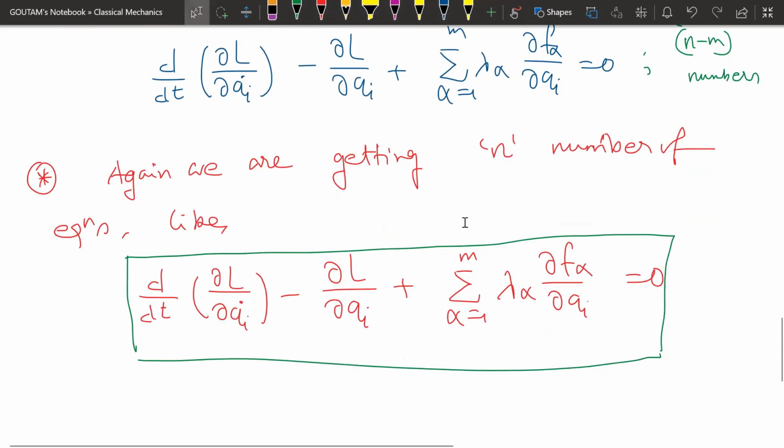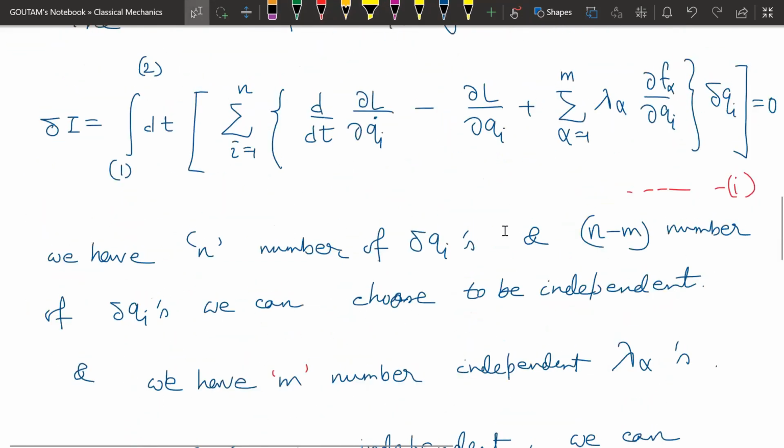So remember the difference. Previously, when we didn't have the constraints, because the delta Qi's are independent in that case, we directly made this term 0. But here we cannot do that.